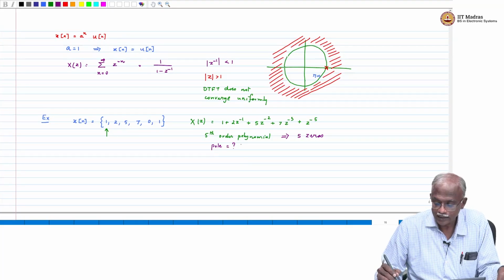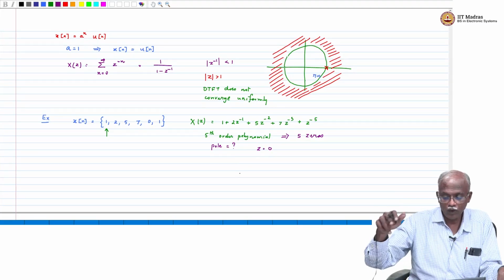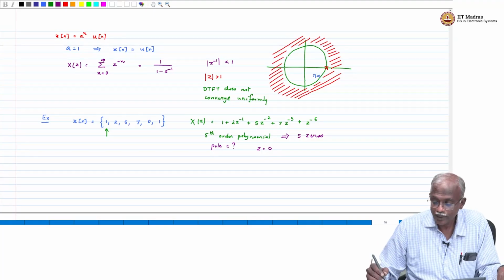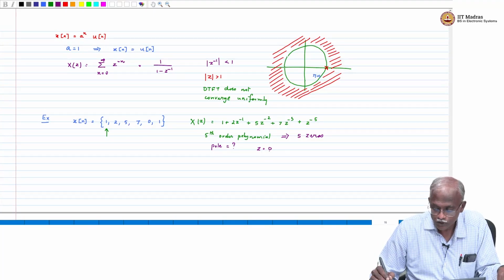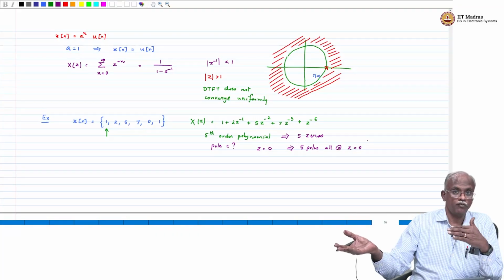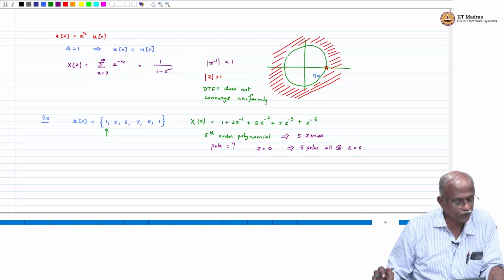The answer is yes, when Z is equal to 0, because we have 1 over Z. So, it will get 1 over 0, and so basically you will also find that there are 5 poles all occurring at Z equal to 0. There are 5 poles because there is a fifth order function, and all of them will occur at Z equal to 0.